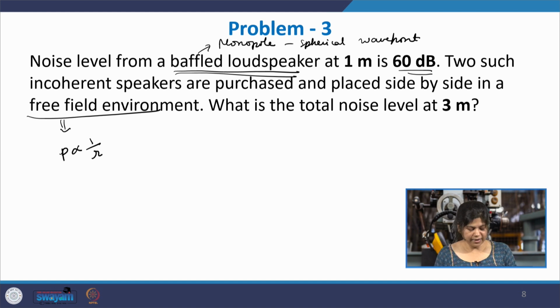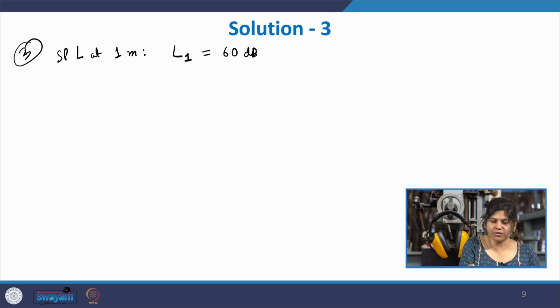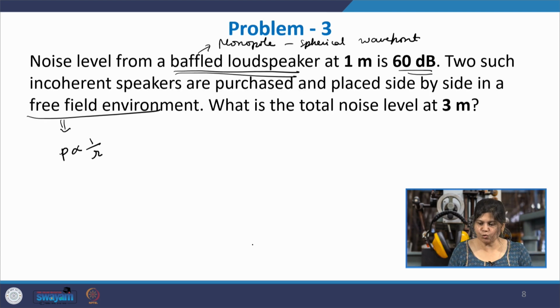So, let us begin like this. Let us call the SPL at 1 meter L1, and this is given to be 60 dB due to one incoherent source. Now, you have to find out the SPL due to both the incoherent sources at 3 meters.